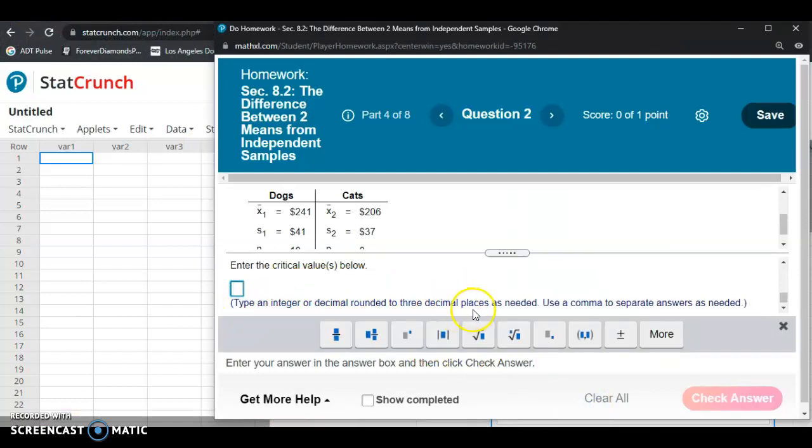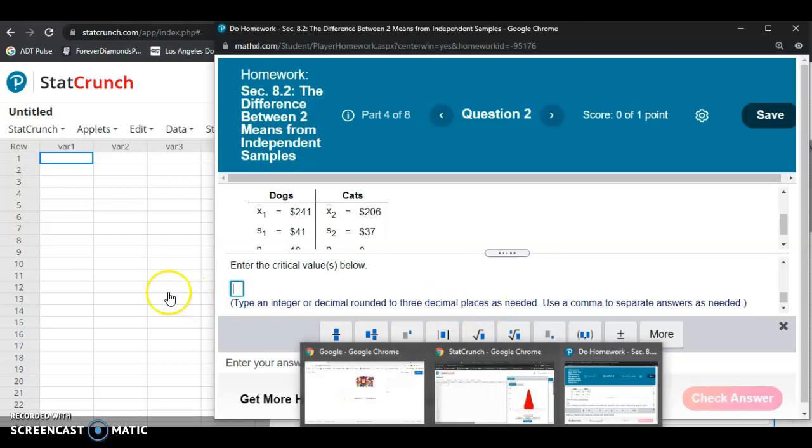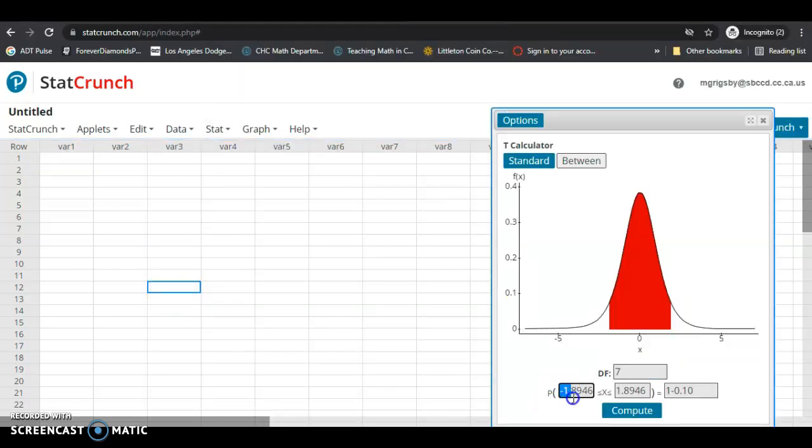We're going to round them to 3 decimal places. So that first critical value is negative 1.8946. That 4 there is going to get rounded up to a 5. So negative 1.895 and positive 1.895 are the two critical values.